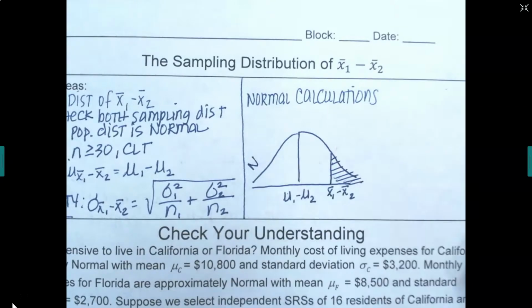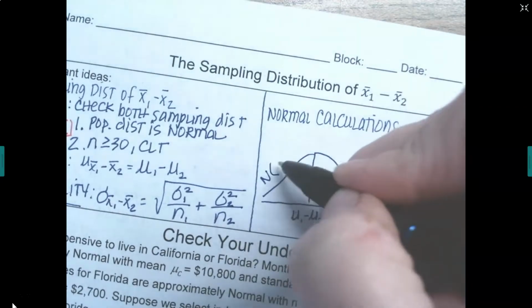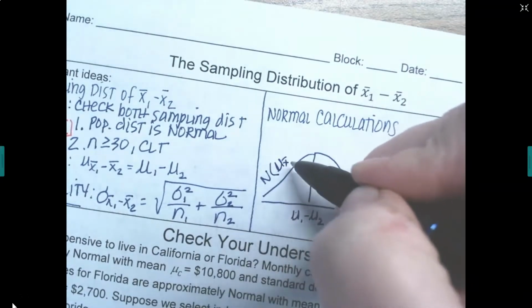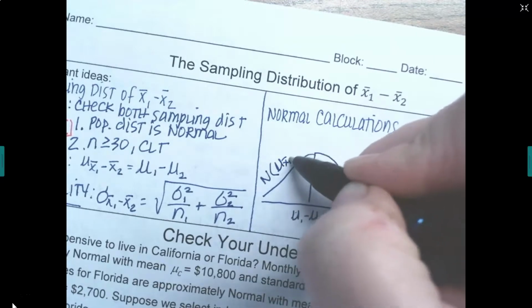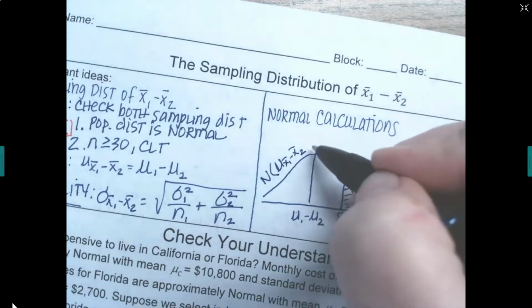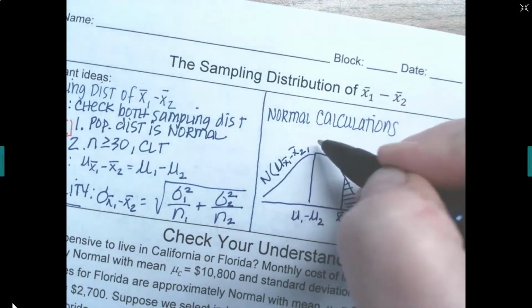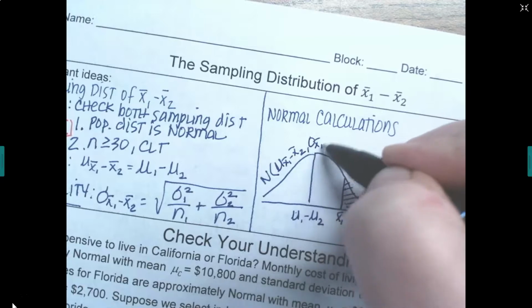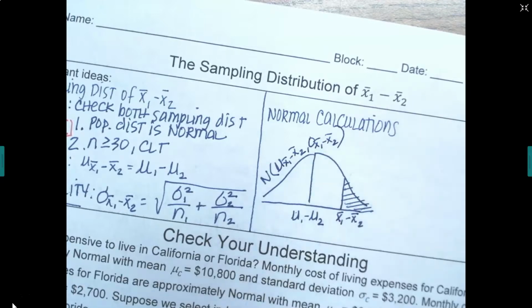Don't forget to write that it is normal, and it's normal the difference of the two means from the sampling distributions and the standard deviation. Okay.